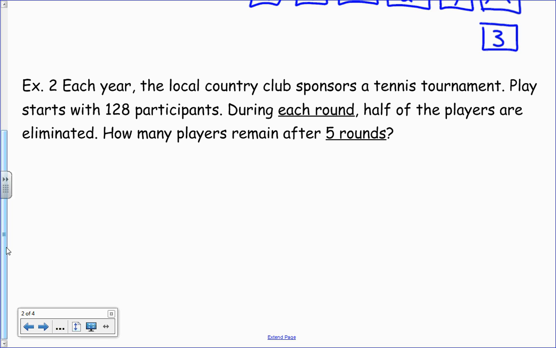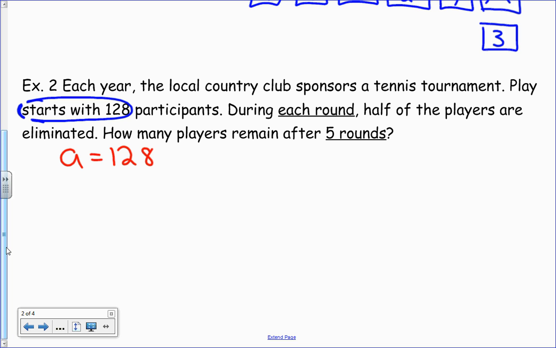All right, this one, it says each year the local country club sponsors a tennis tournament. Play starts with 128 participants. Starts with 128. That means your A value is 128. During each round, half the players are eliminated. Each round. Okay, that's like each day, each year, each month.